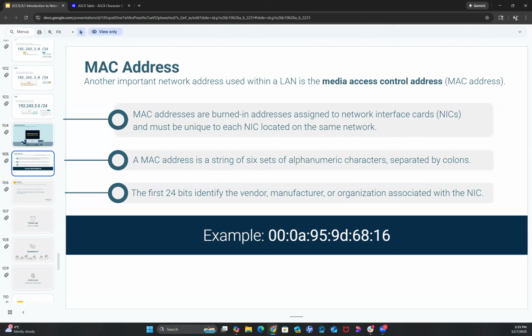For example, 000A959D6816. The first 24 bits are 00 0A 95. Why the first 24 bits?